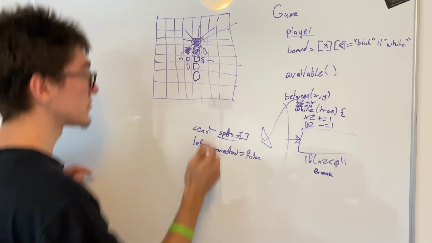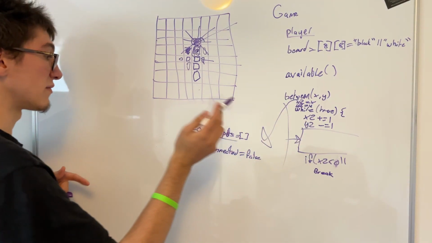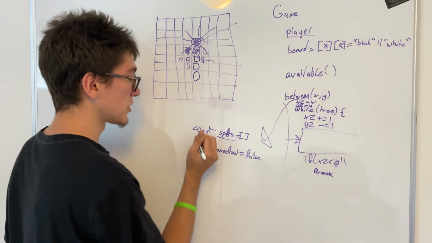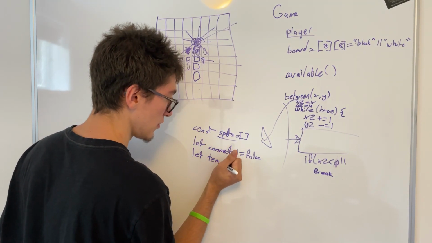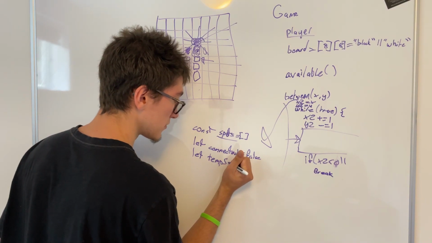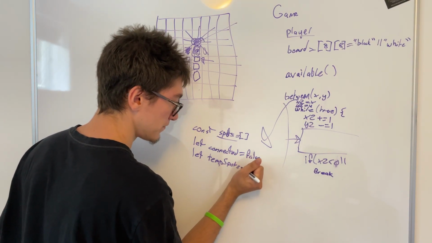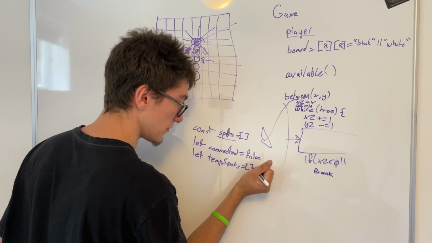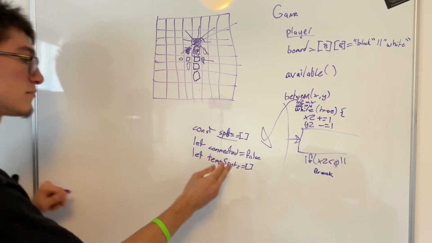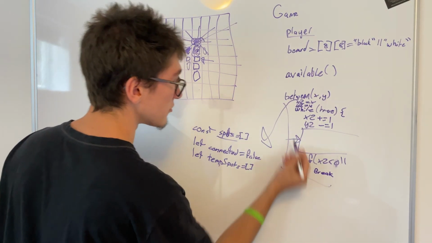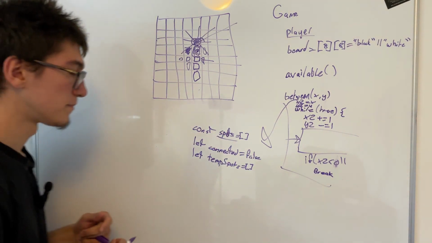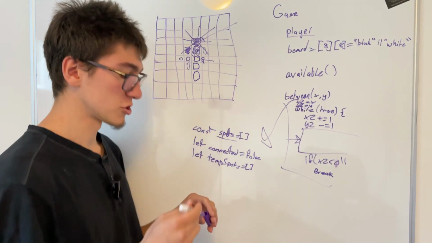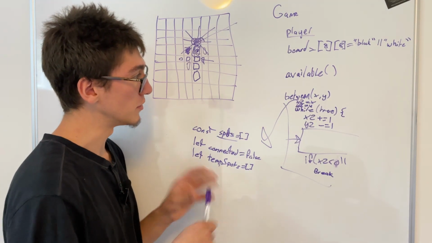So we want to add to the spots at the end, whenever we know that it's connected. So we could have a let temp spots be equal to an array as well, right? Those temp spots would be added after the while loop if connected is true. That's pretty much the principle for between, right?